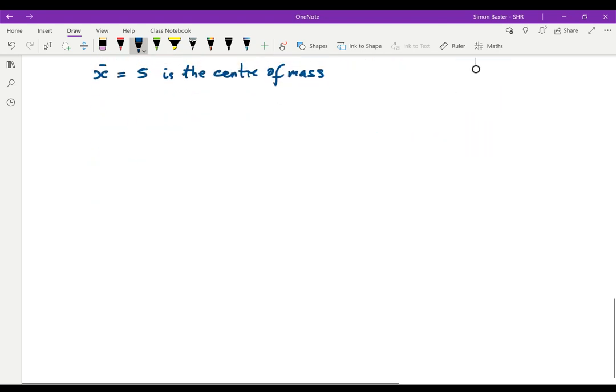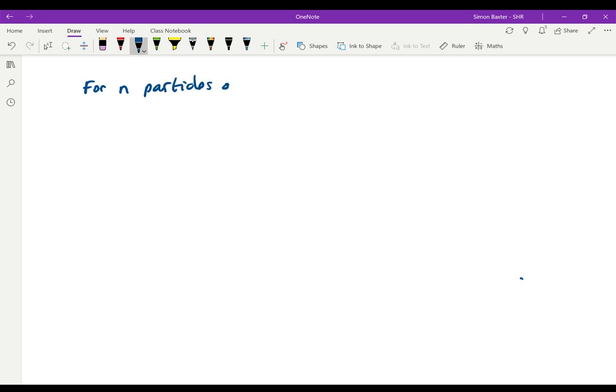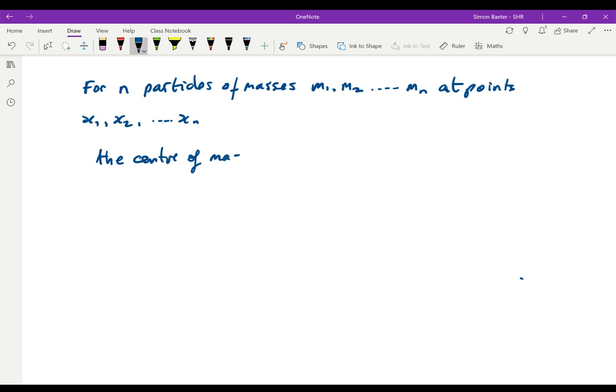We can generalize this, and if we have n masses or n particles of mass m1, m2 up to mn at points x1, x2 up to xn, the center of mass is at x bar equals sigma mi xi over sigma mi.